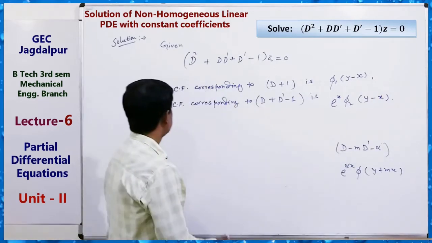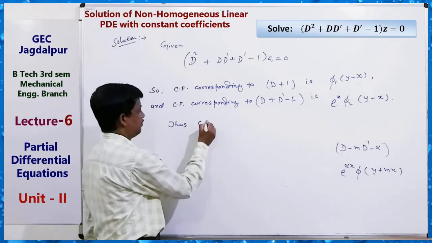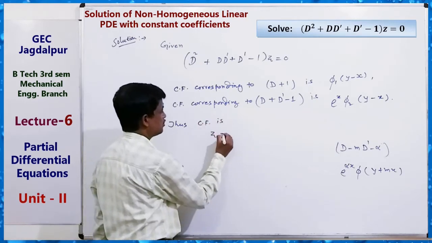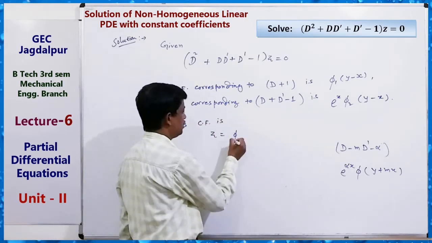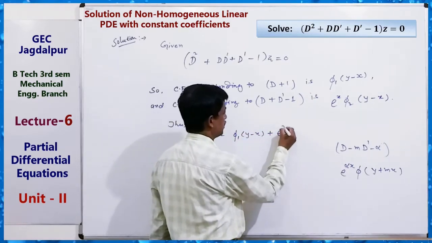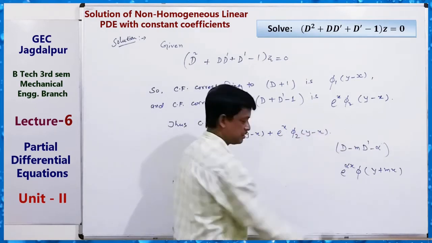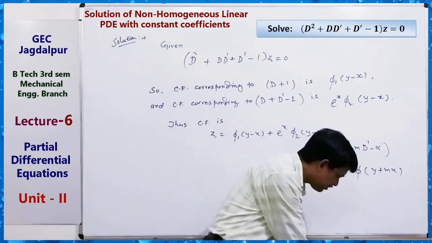Okay. Thus, CF is z = φ₁(y − x) + e^x φ₂(y − x). Clear? So this is the CF.